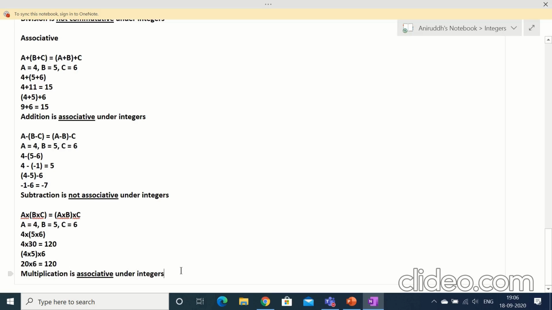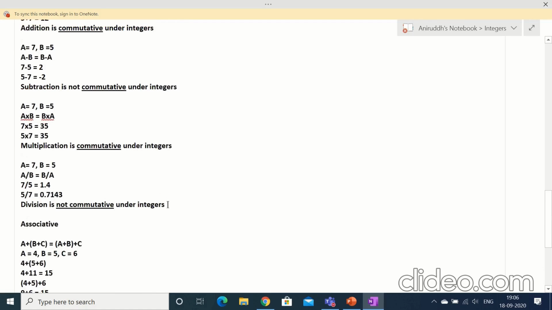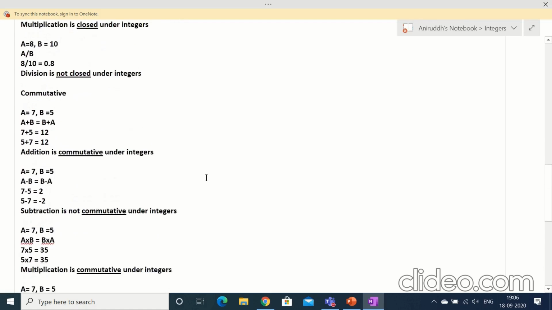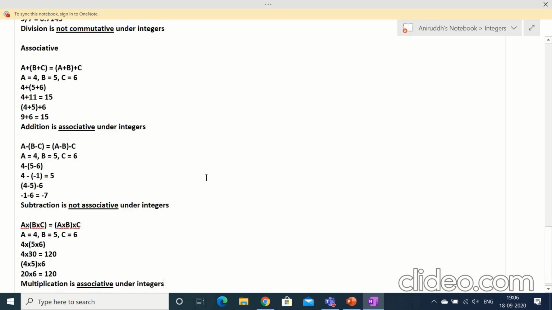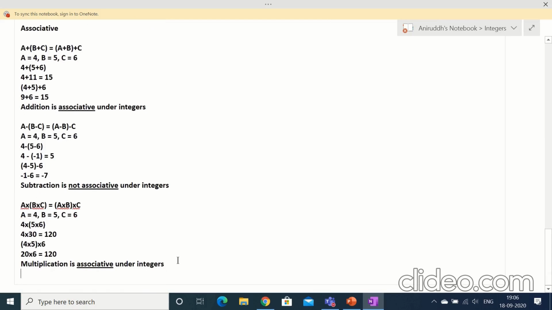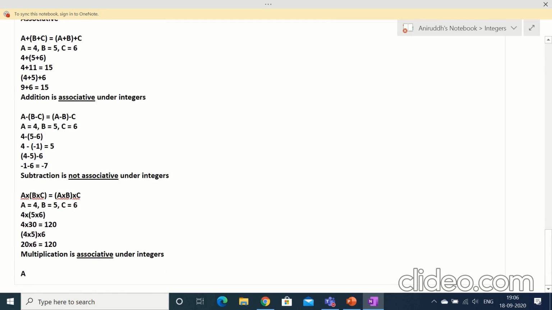Now let us check division also. Well, in previous both properties, that is closure property and commutative property, division was not closed and division was not commutative. Well, let's check in associative.